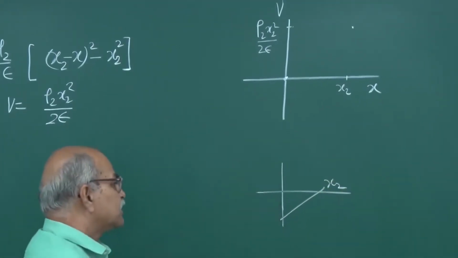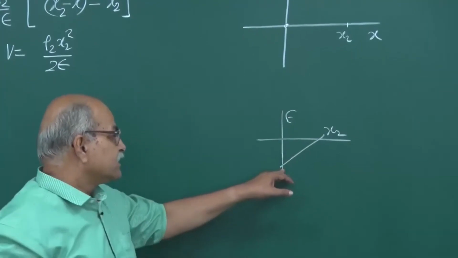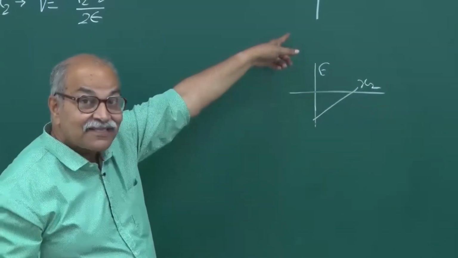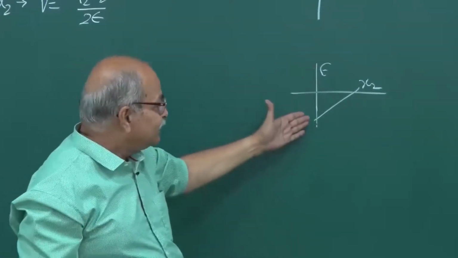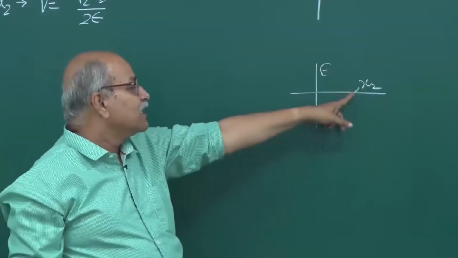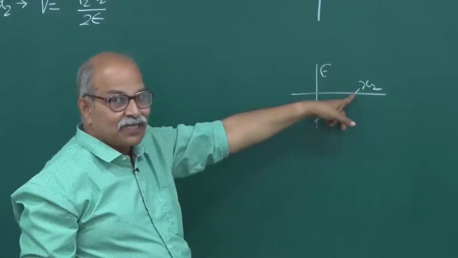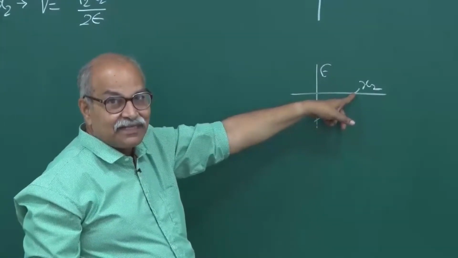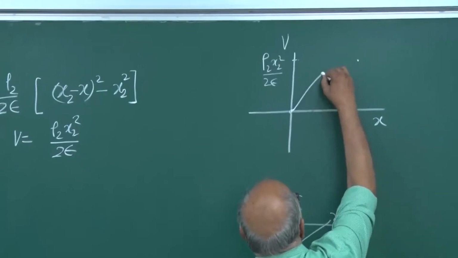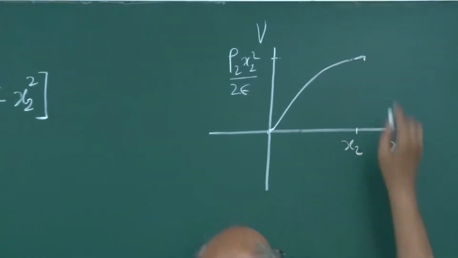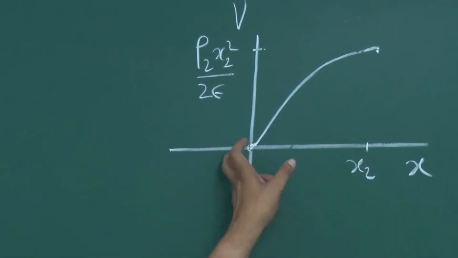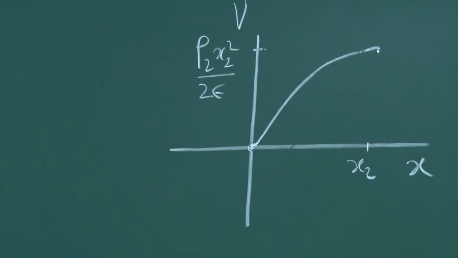So the magnitude of electric field is largest at the origin, so v versus x should have the largest slope at the origin, and then as the electric field decreases, the slope should decrease, and at x equal to x2 this slope should become 0 because the electric field is 0. So it should be of this kind. So that should be the kind of plot, quadratic, joining this point, and slope gradually increasing.